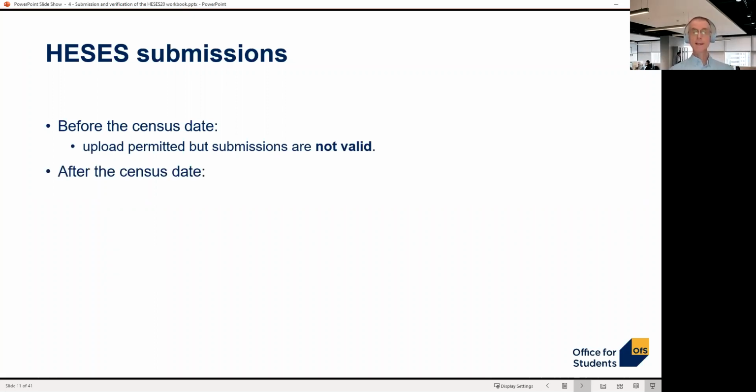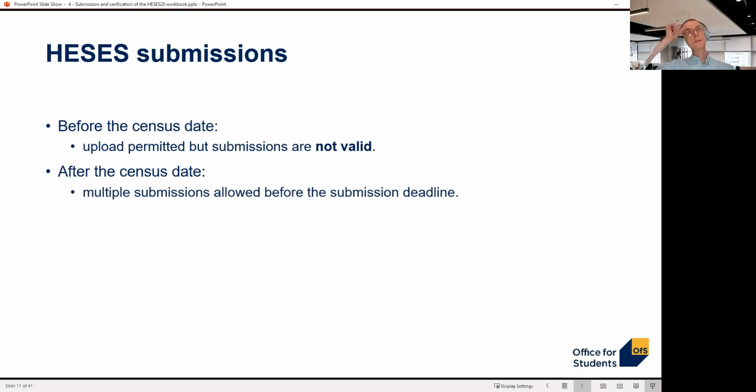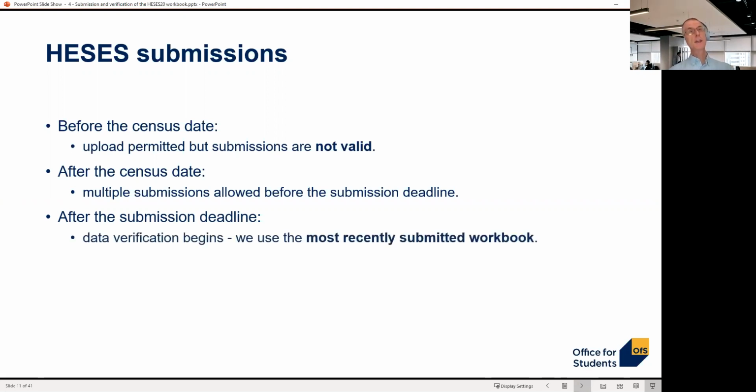However, after the census date, again, you can do as many submissions as you like before the submission deadline. However, after the submission deadline has passed, data verification begins, and we use the most recently submitted workbook as the definitive one. Now, there's one important thing to note here in terms of workbooks.